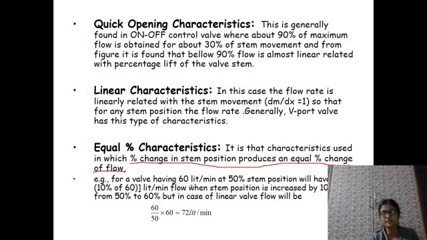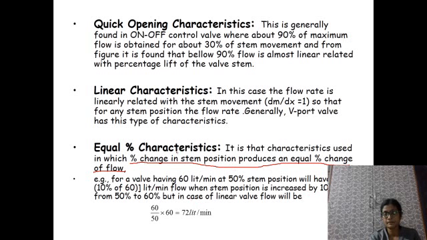flow rate 60 liter per minute at 50% stem position, that will have 60 plus 10% of 60. For a valve having 60 liter per minute at 50% stem position, it will have 60, that is the flow value, plus the 10% change of 60 for an increase of 10%, that is from 50 to 60%.